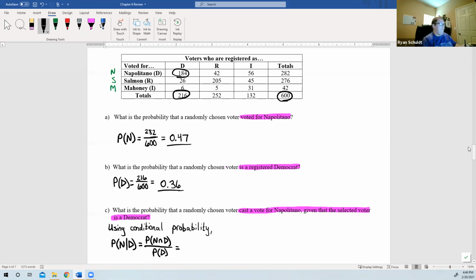It's going to be 184 over the probability of Democrat, 216. So 184 divided by 216, that's going to be approximately, to 4 decimal places, 0.8519.